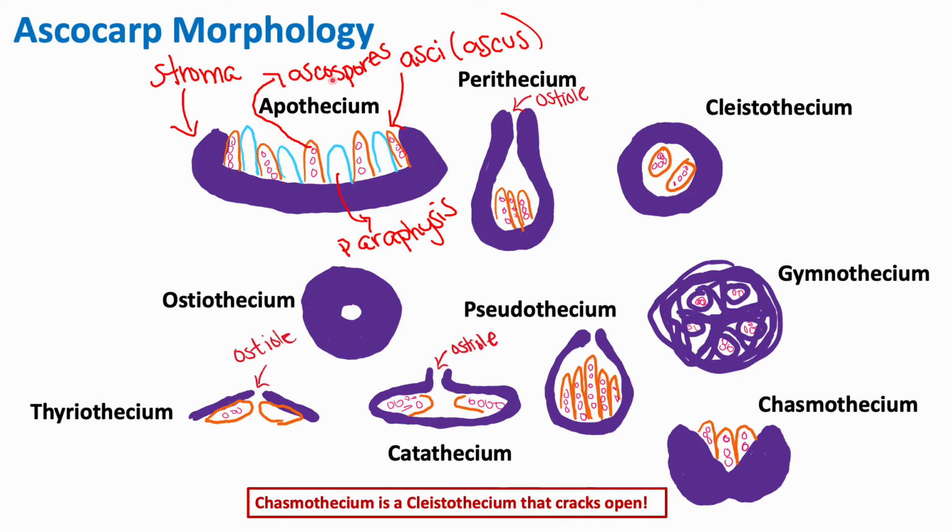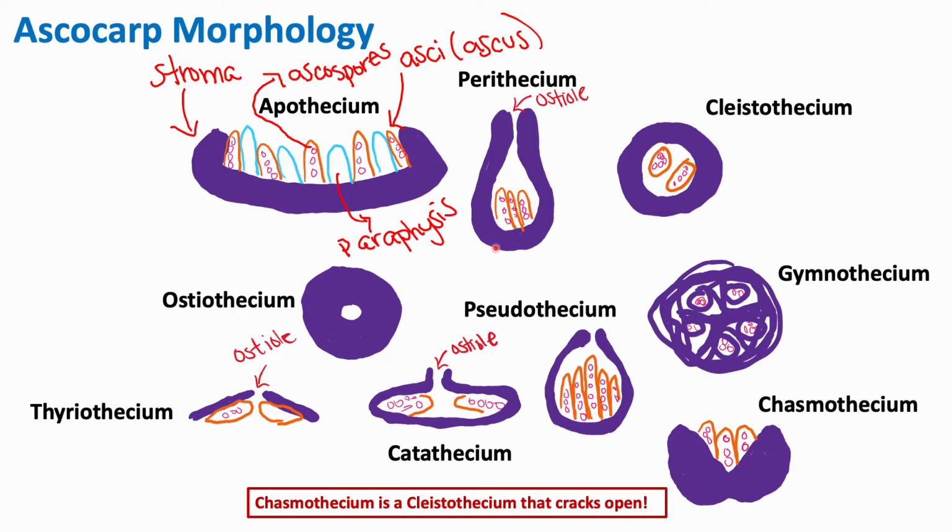The asci contain the ascospores, which are going to be released into the environment. Another important concept is that each ascus will typically hold about 8 ascospores. In this diagram, it's hard to fit in 8 ascospores, but in reality, we do have 8. And that's essentially the apothecium, the stroma, the periphyses, the asci, and the ascospores.